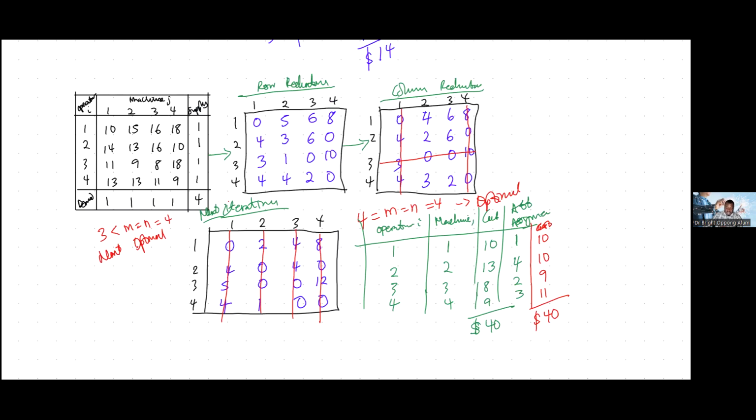Okay, so let's take another example where we have unequal number of equipment matching operators. So that total number of supply is not equal to total number of demand. Let's look at that example.